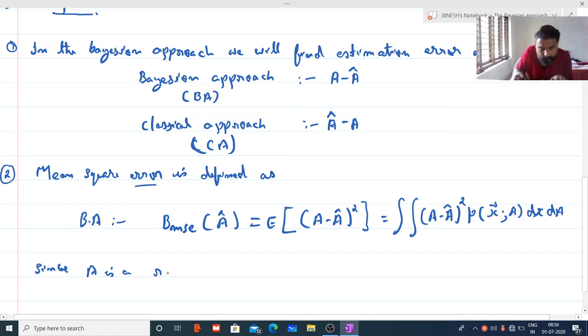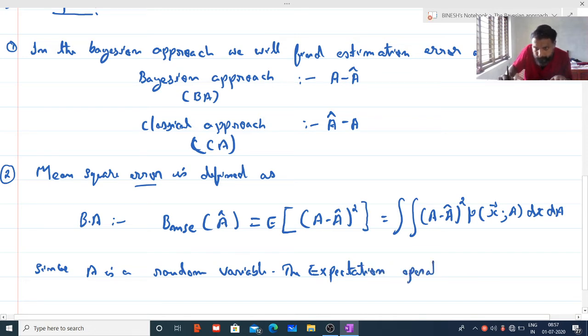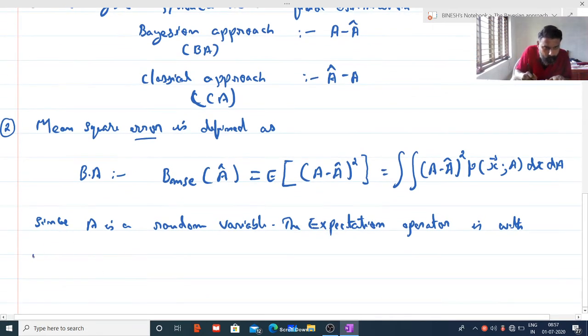Since A is a random variable, the expectation operator is with respect to the joint probability density function.